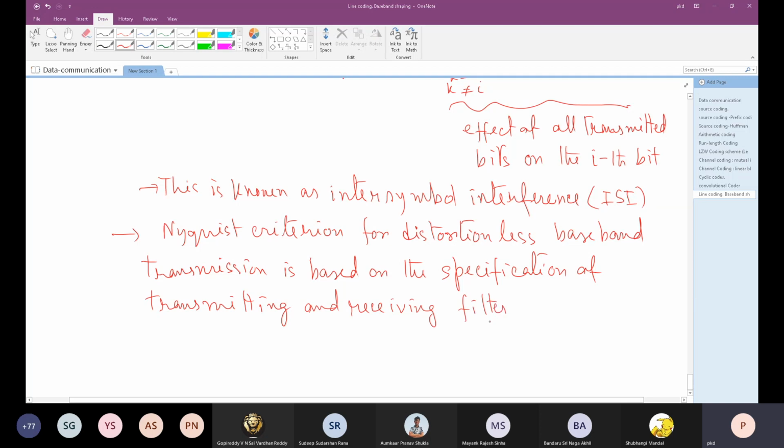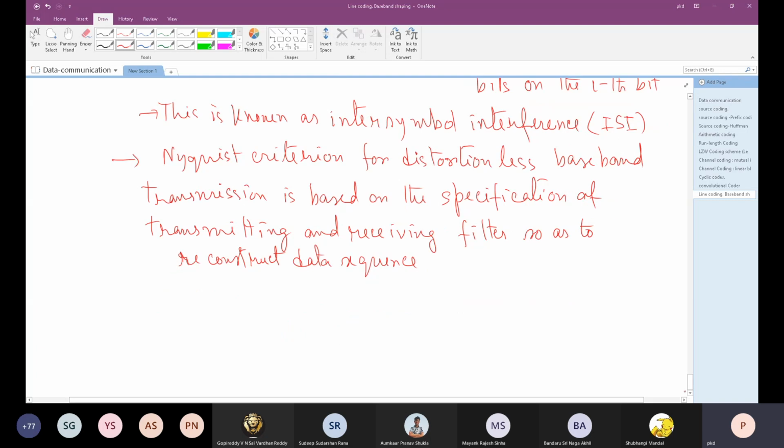The transmitting filter is required to give rise to a desired shape, and the receiving filter is to extract that shape, so as to reconstruct the data sequence.